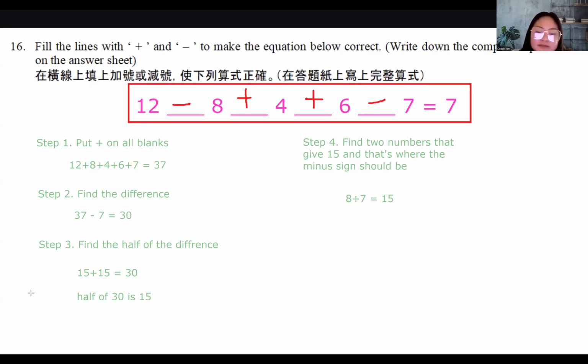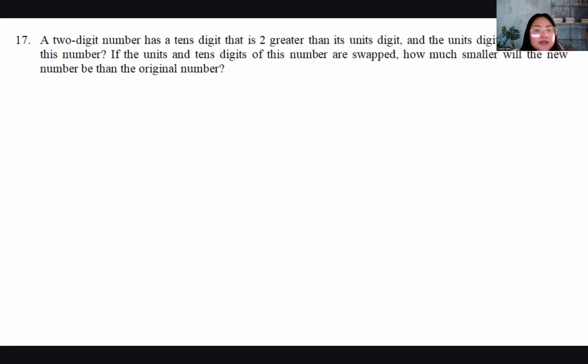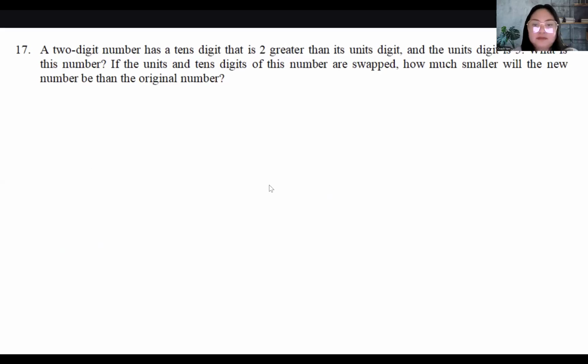All right. Let's do number 17. A two-digit number has a tens digit that is 2 greater than its units digit. And the units digit is 5. What is this number? So first, you have a two-digit number. So let's put two blanks here.